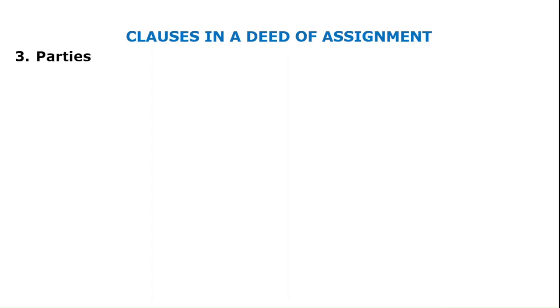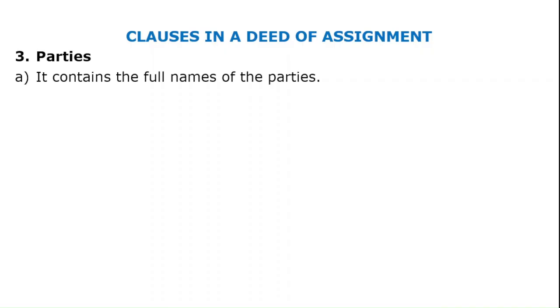When you look at the draft, you understand what I'm saying better. The party clause is what contains the full name of the parties involved in the transaction. So where Mr. A and Mr. B, Mr. A being the assignor, Mr. B being the assignee, come together to transact in a sale of land transaction, then it is in this party clause you introduce them to us, you give us their full name.